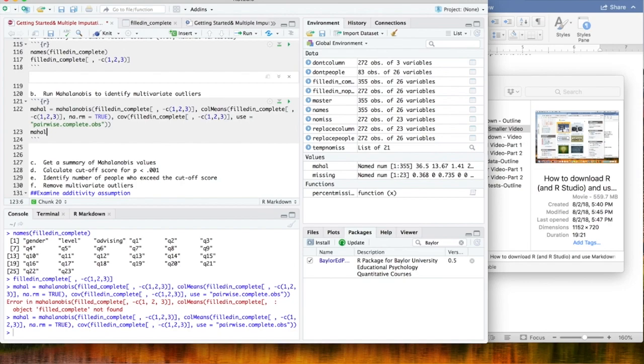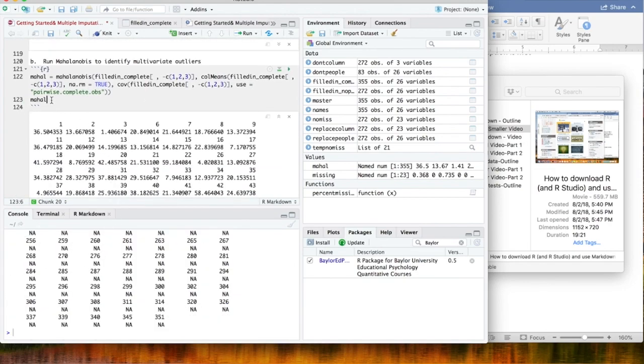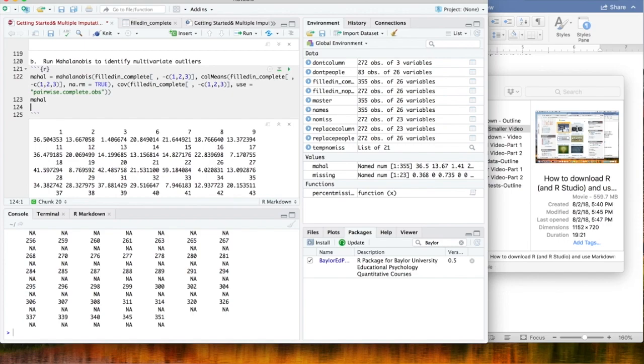So let's run it. It just gives you a bunch of numbers, which are the Mahalanobis values. This is essentially the distance of each person, and it's supposed to give you a sense of how far out, how strange, how weird this person is compared to the rest of everyone.